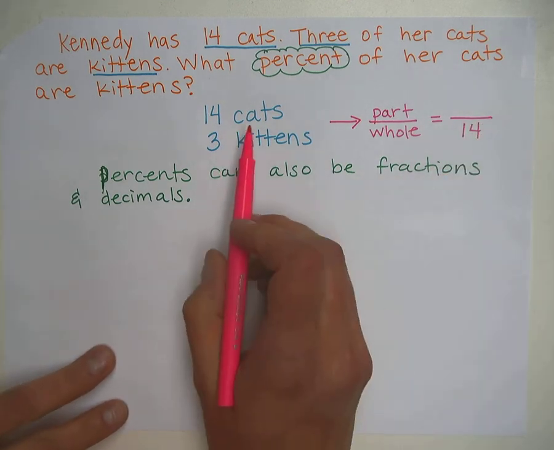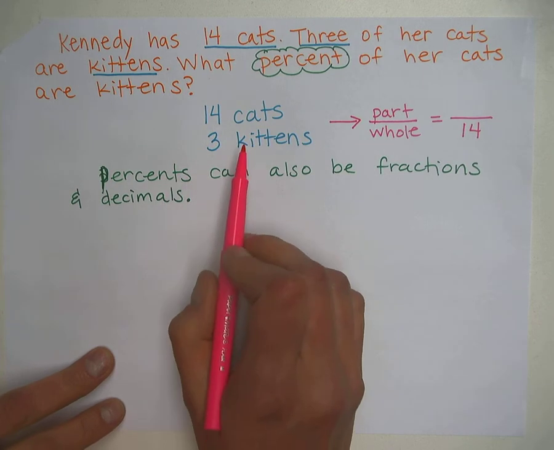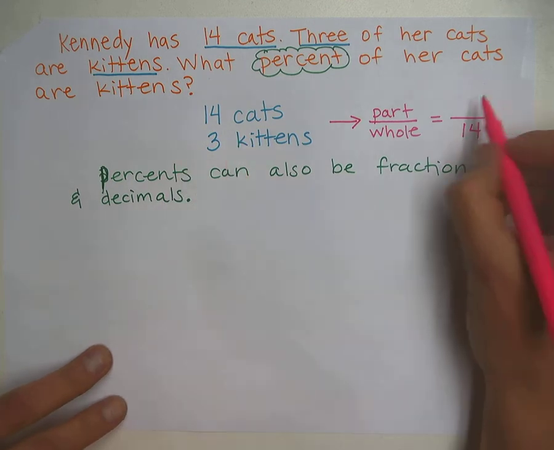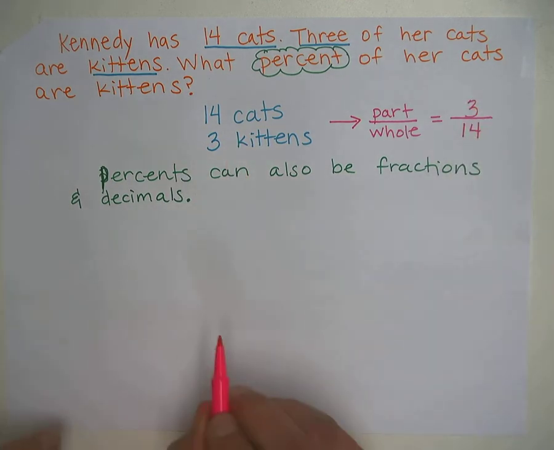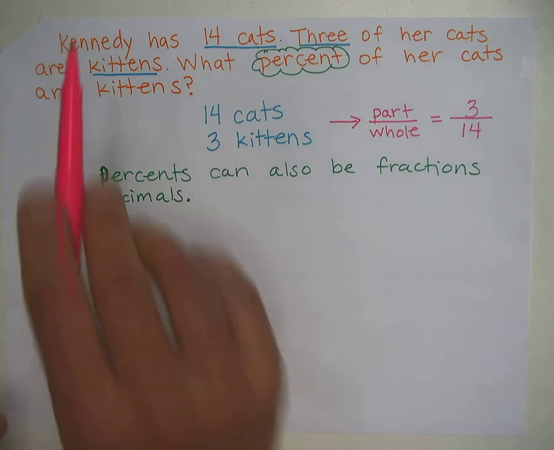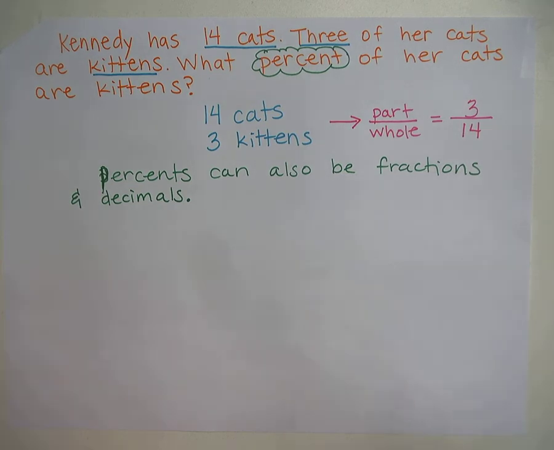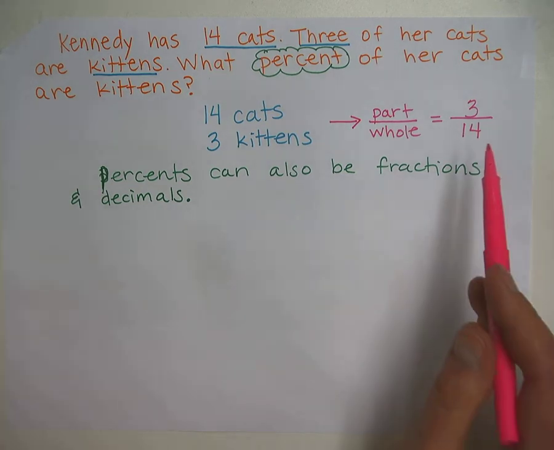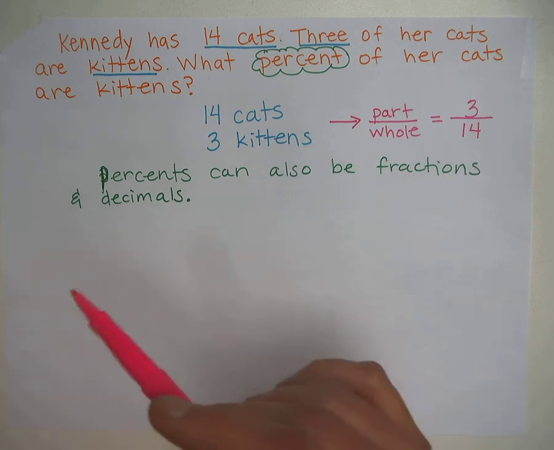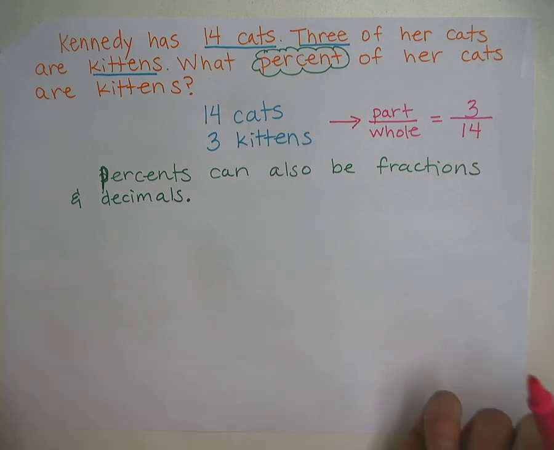And I know that part of her cats are kittens. So some of them are kittens. 3 of them are kittens. So now I have represented Kennedy's cats as a fraction. Now, I can also turn a fraction into a percent by turning it into a decimal first. That's one way to do it. So we're going to do that way first.